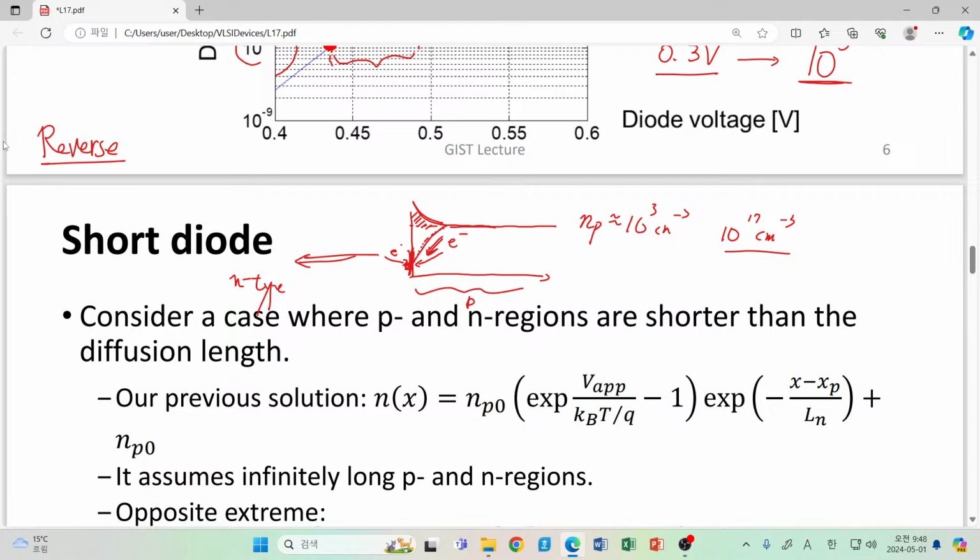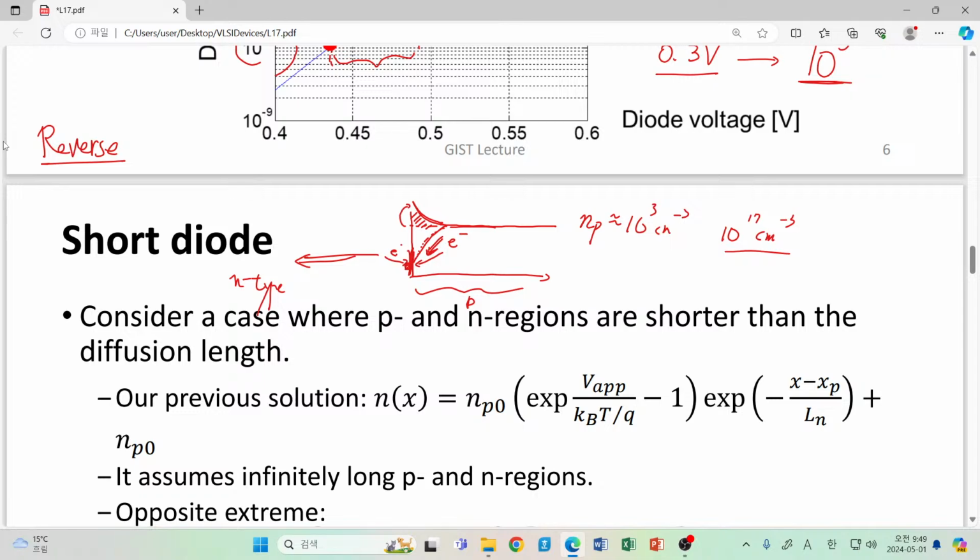Okay, since the numbers are just 10 to the 3 or something like that, please think about the magnitude of your reverse current. When you apply the forward bias, you can easily increase it by a factor of 5 orders of magnitude or even higher.